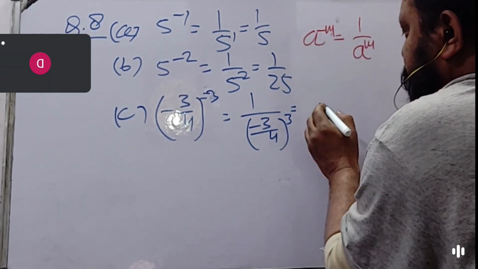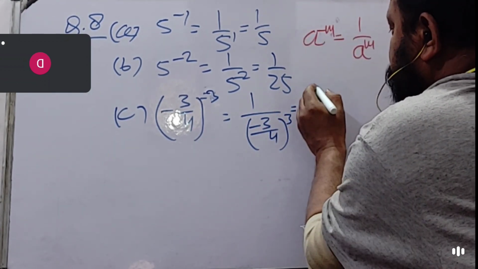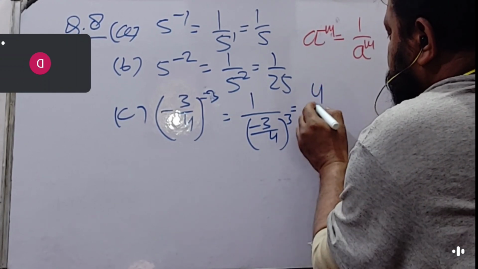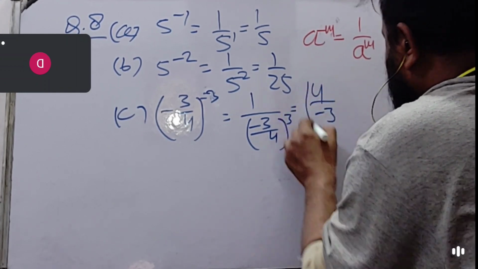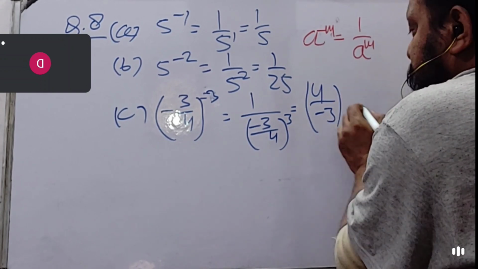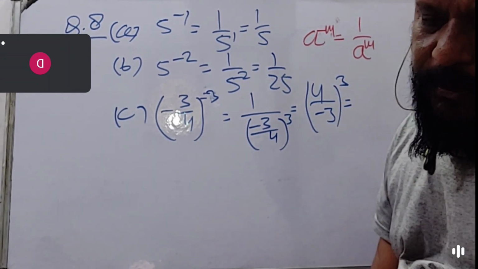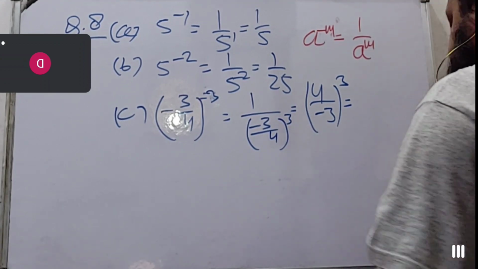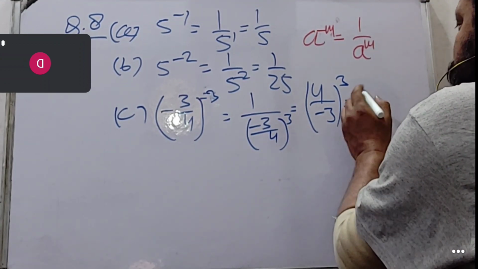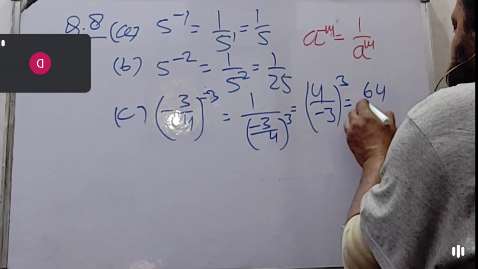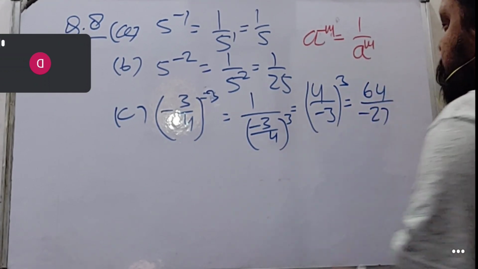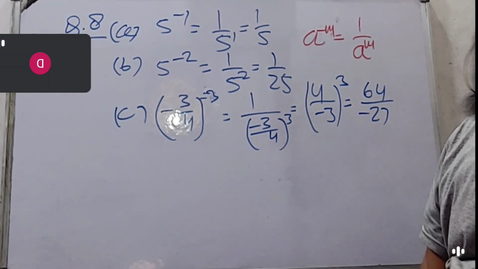So it can be inverse. It will be inverse. So 4 raised to the power 3 upon minus 3 raised to the power 3. It becomes how much? It is 64 upon minus 27. Okay.